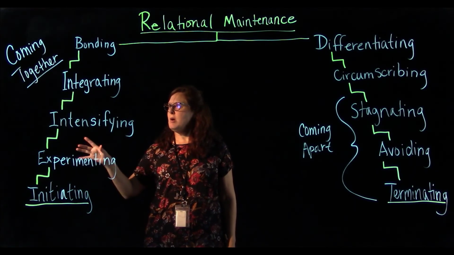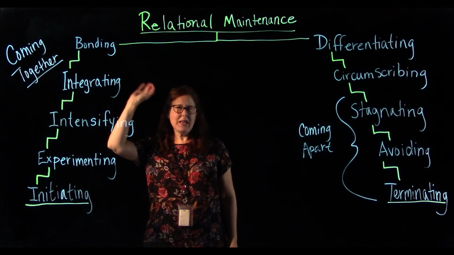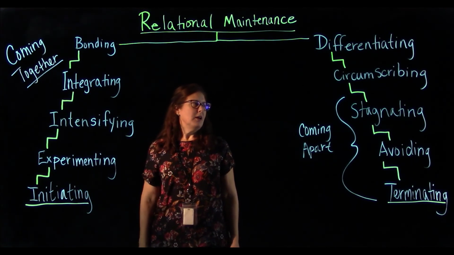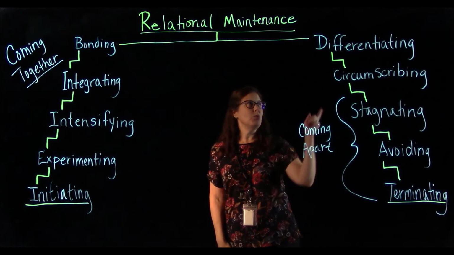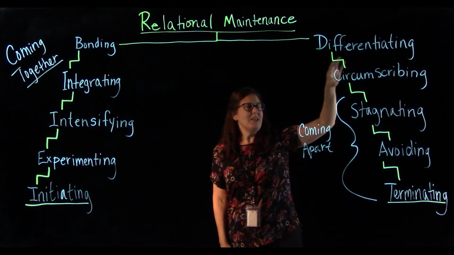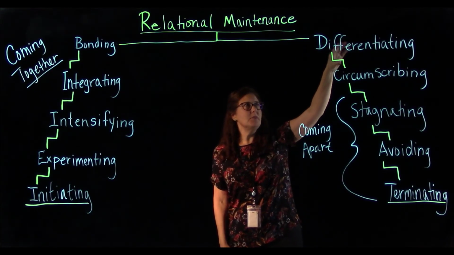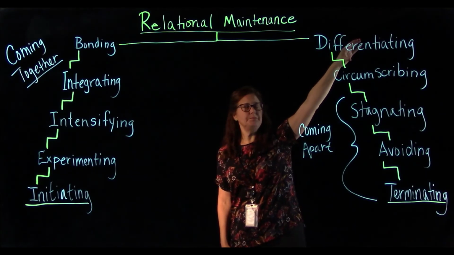And then remember when we were integrating and we used to hang out all the time together. But now that we're both in school and we're working full time, we're kind of over here where we have less time to devote to the relationship and friendship.